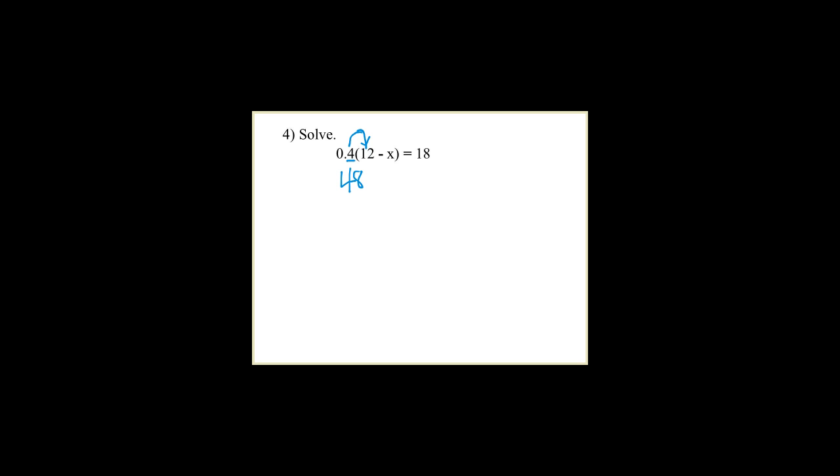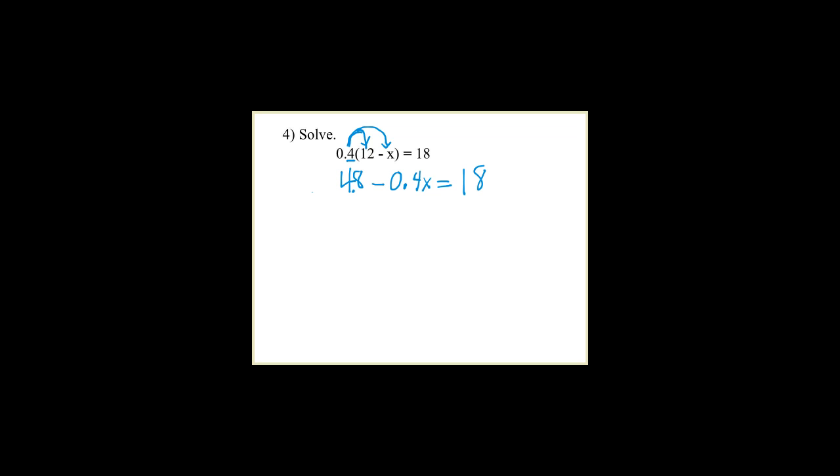Now I have 1 decimal digit, so I'm going to move over 1 decimal digit. That was an easy number. Hard time getting my decimal in there. Alright, and now I have to distribute here. So this would be minus 0.4x equals, now notice I'm not distributing the 4 to the 18 because it's not in the parentheses.